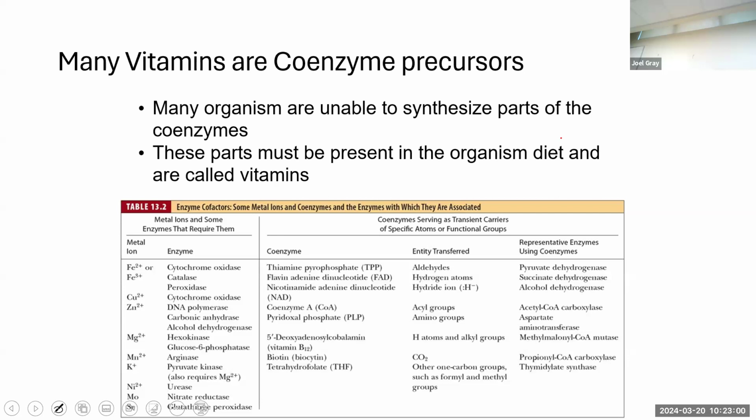Does anyone know that cycle? You learned about it in a cellular biology class, but as we talked before the class started, we don't have a biology prerequisite. But this is the Krebs cycle, Edwin Krebs. FAD, NAD, and coenzyme A are huge products from the Krebs cycle or the citric acid cycle. Because those can be fed into the electron transport chain and generate a huge amount of ATP.